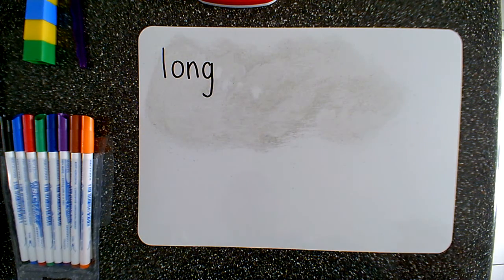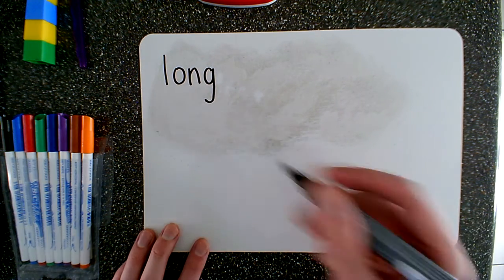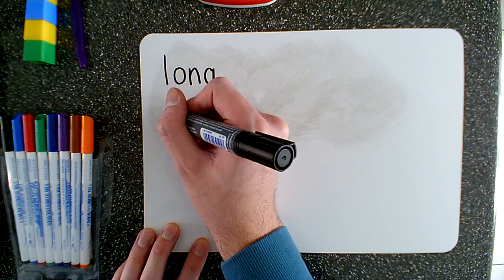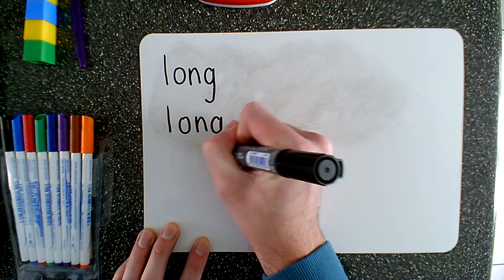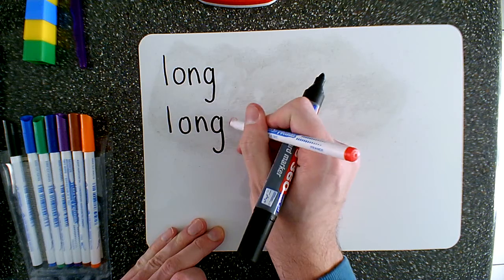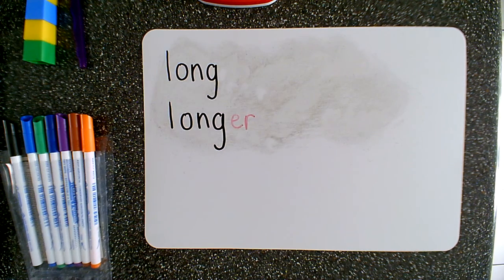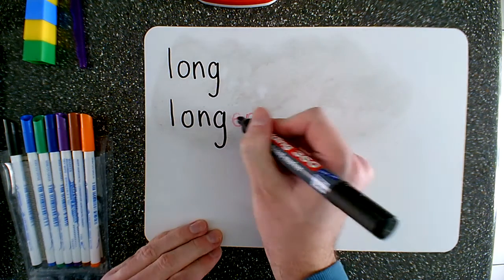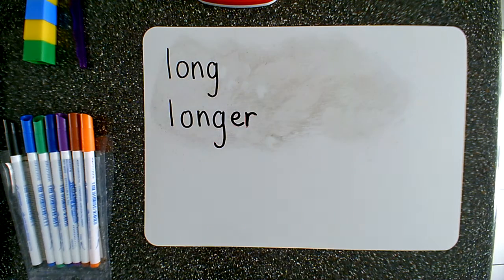Now, when we're comparing objects, okay, when we're comparing the length of something, we can say that something can be long. I'm going to change the colour of my pen. Long. Okay, longer, okay? We know that something can be longer as well. Can you say that word?